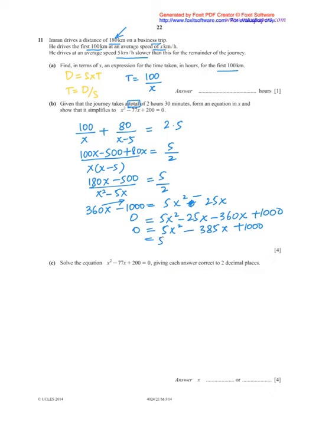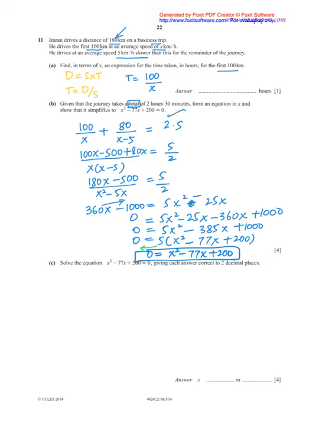We can take 5 common here, so that will be x square minus 77x plus 200 equals 0. When 5 is multiplying and you shift it to the other side, it will be 0 divided by 5, which is 0. So the final answer is 0 equals x square minus 77x plus 200. That is the equation we needed to show, and we did it.